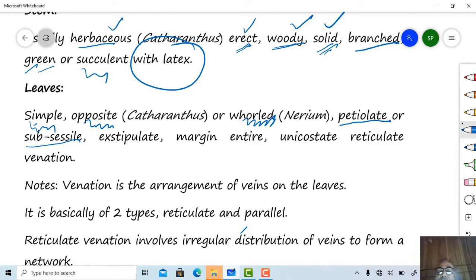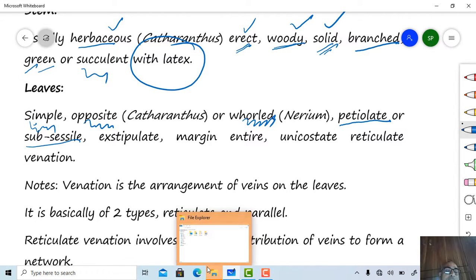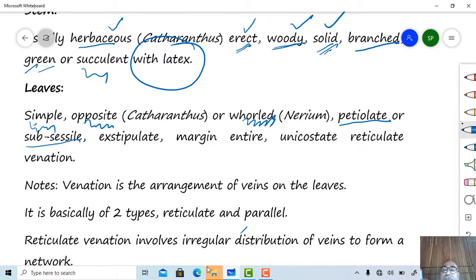Petiolate if petiole is present, and if a very short stalk or petiole is present, then it is called subsessile. Then exstipulate, stipules are absent, margin is the entire one, and unicostate reticulate venation present.